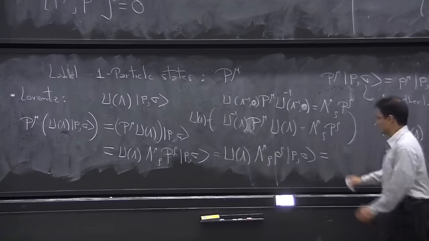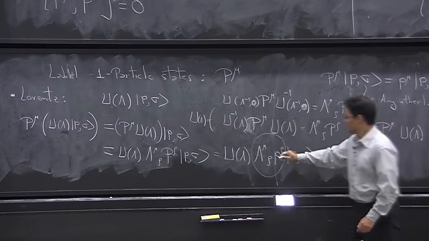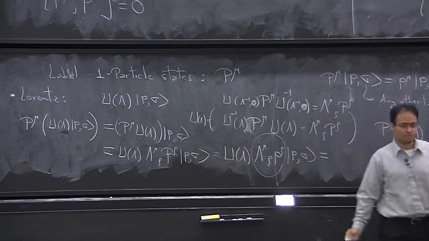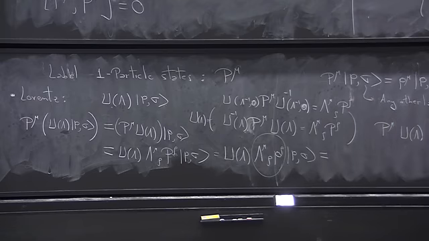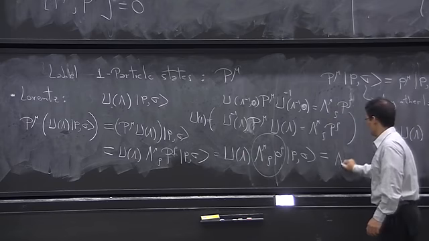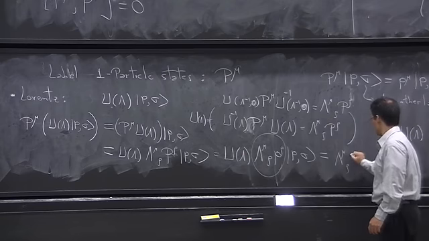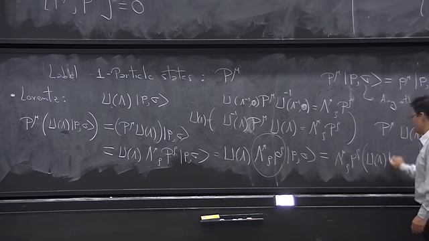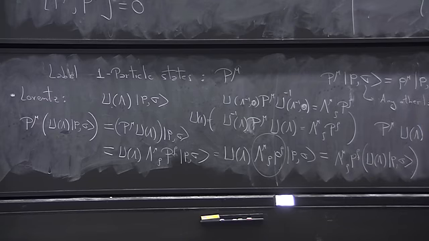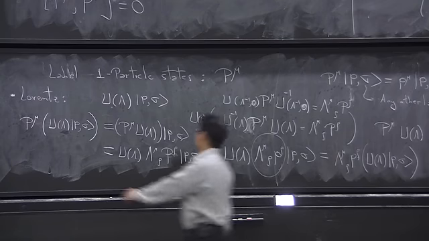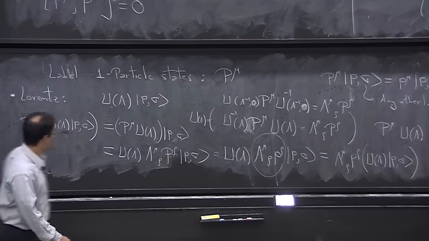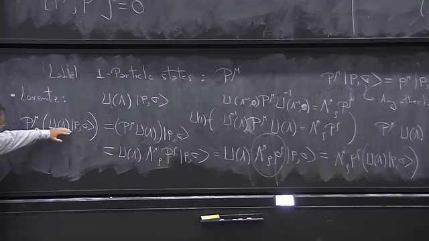And this is nothing but a bunch of real numbers. And our operator commutes with them. We can pass the real numbers to the outside, and we get lambda mu rho, p rho, u of lambda, p sigma. Okay? But this is the eigenvalue equation, or the eigenvector equation for this state.